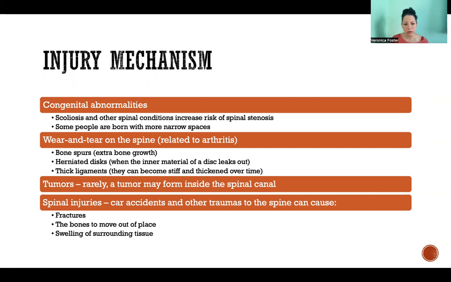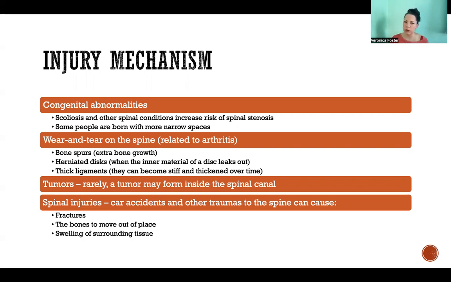It also can be caused by thick ligaments. So sometimes, as part of arthritis or any kind of overuse or wear and tear, the ligaments can get stiffer and thicker. Our ligaments should be somewhat viscous, almost, like the fluid in between the strands of collagen should be pretty fluid.